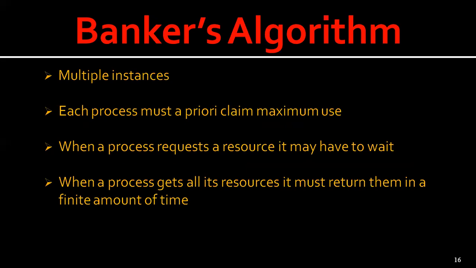So here the deadlock avoidance algorithm that we are going to see is applicable to only such types of systems. But of course, it is less efficient than the resource allocation graph scheme.